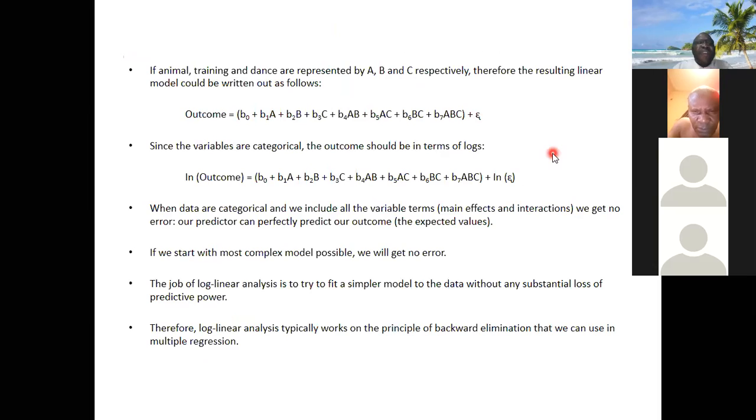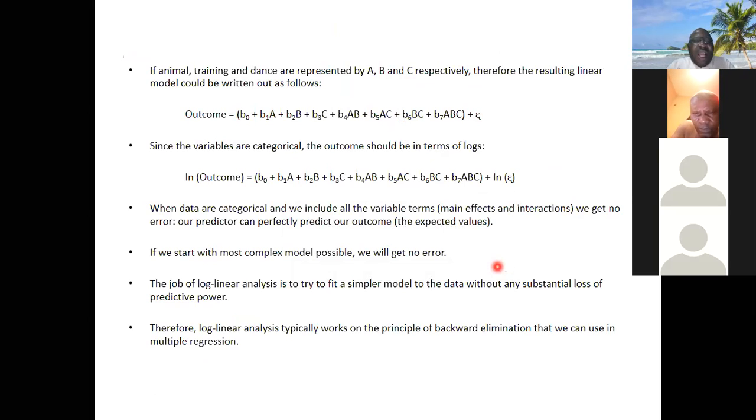Now, if animal, training and dance are represented by A, B, and C respectively, therefore the resulting linear equation, we just want to see, before we run, since we are using the linear approach, just for us to conceptualize, how will it be if you use a linear equation to represent it? So we have the outcome.